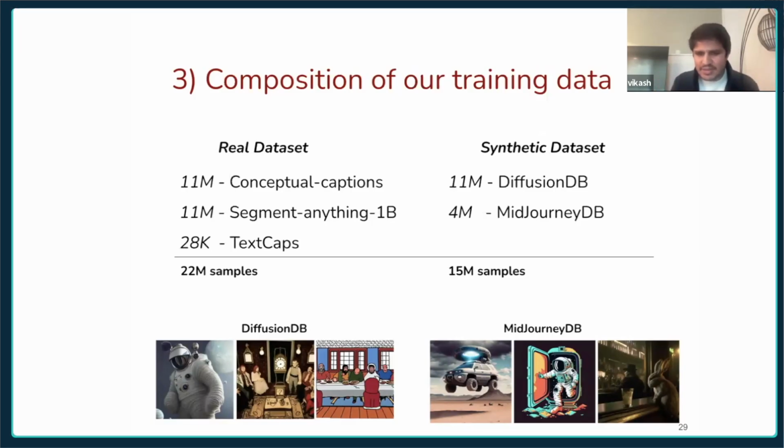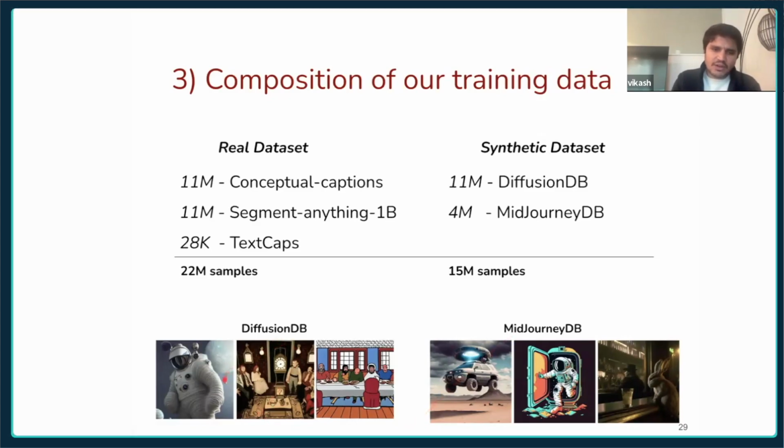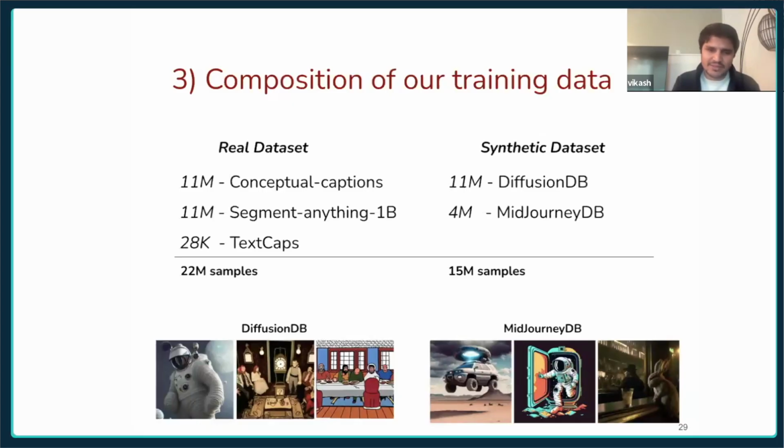At the same time, an interesting finding we had is that the synthetic images actually have a lot of artifacts. If you look at a lot of images from DiffusionDB, for example, they have poor quality. For example, our models were really bad at human anatomy for a while, and these 11 million images are teaching a lot of wrong concepts to the model in some way.